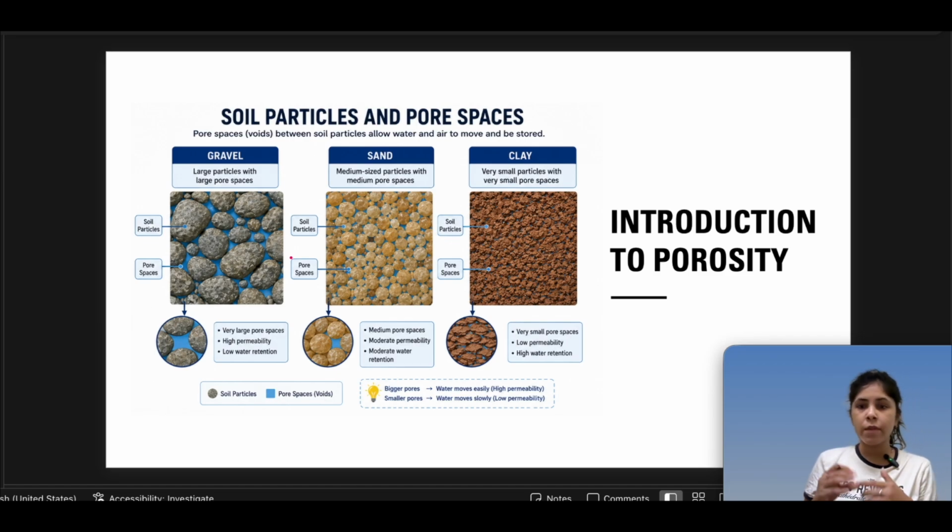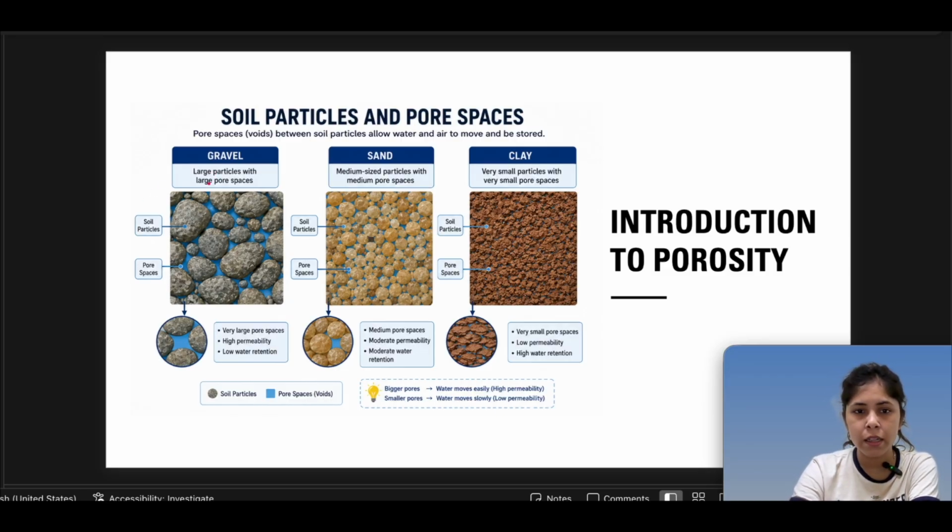We can divide soils into 3 or 4 types: gravel, sand, silt, and clay. Silt and clay act almost the same, so I am considering only clay.